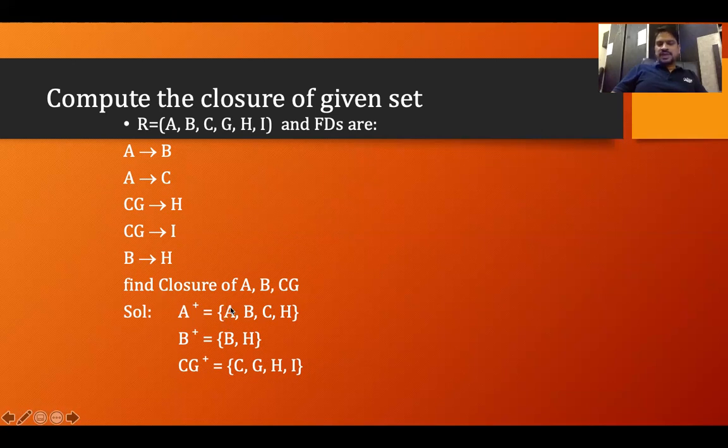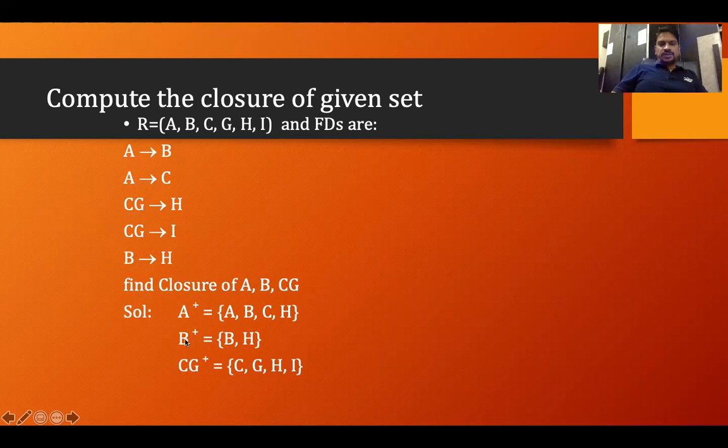Now, is A determining anything? Yes, A is determining B, so B is also coming. A is determining C, so C is also coming. And B is determining something, yes, H can be determined by B, so H is also coming. Can we determine anything else? No. So this is not equal to R, right?